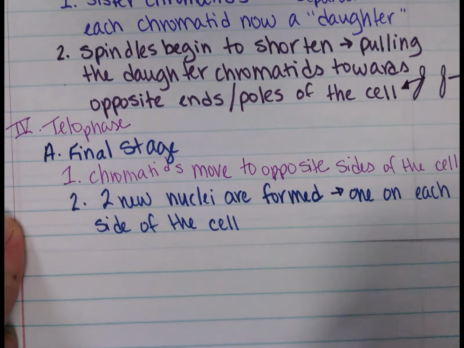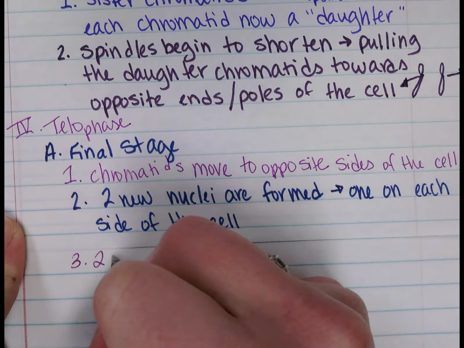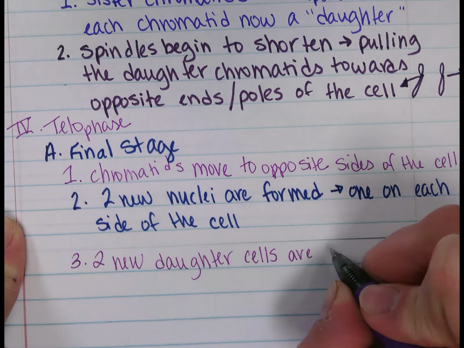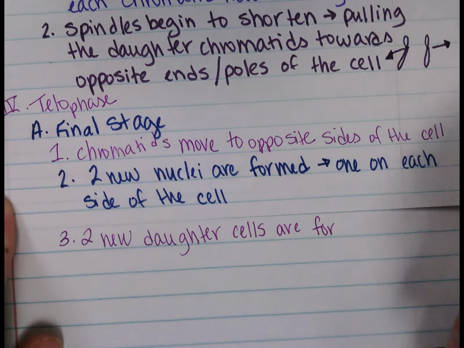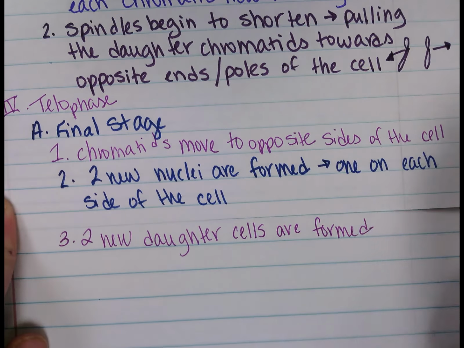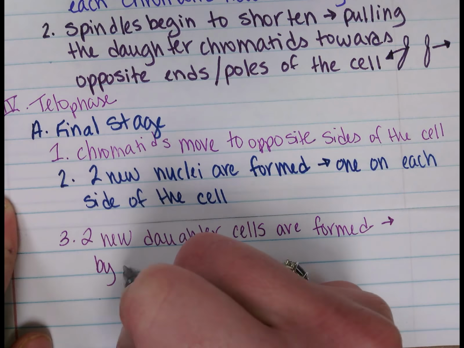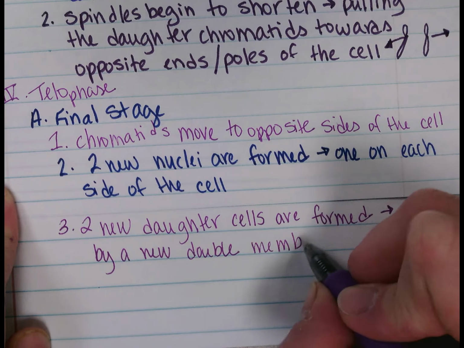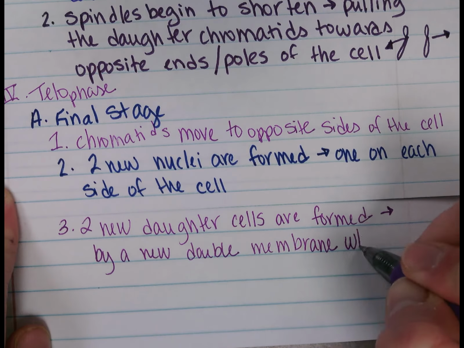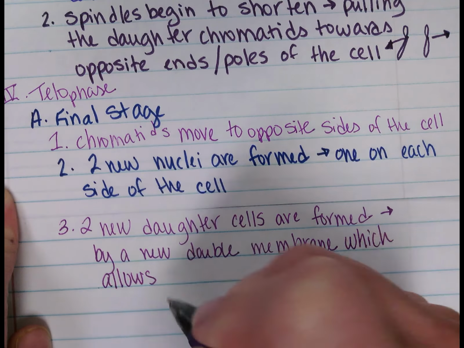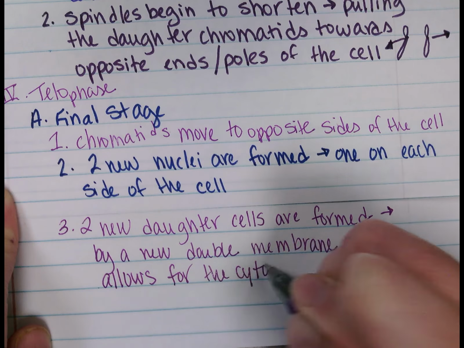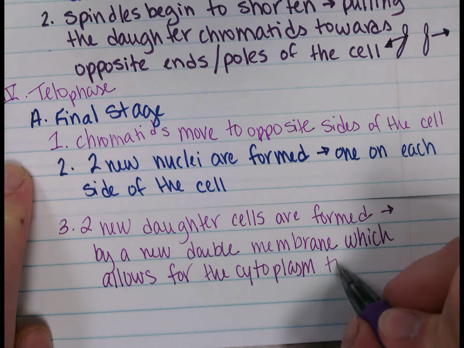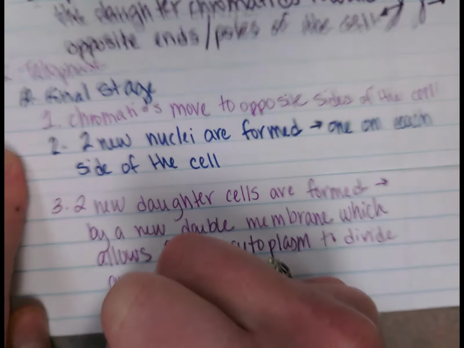Three. Two new daughter cells are formed by a new double membrane which allows for the cytoplasm, remember all that fun goo inside a cell, to divide and separate.